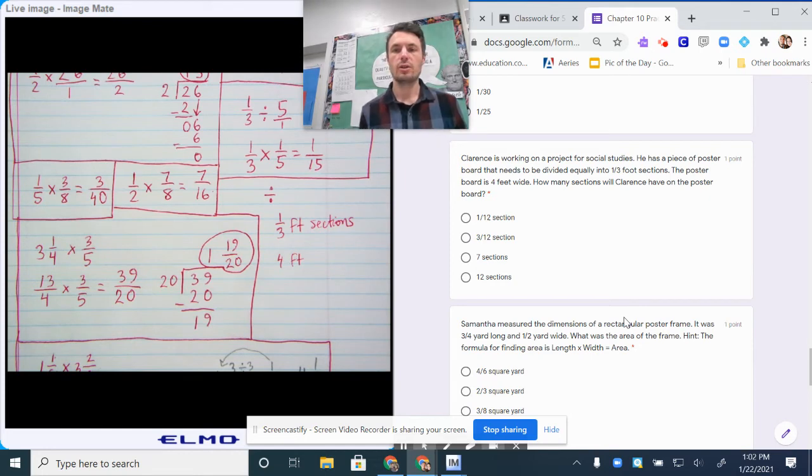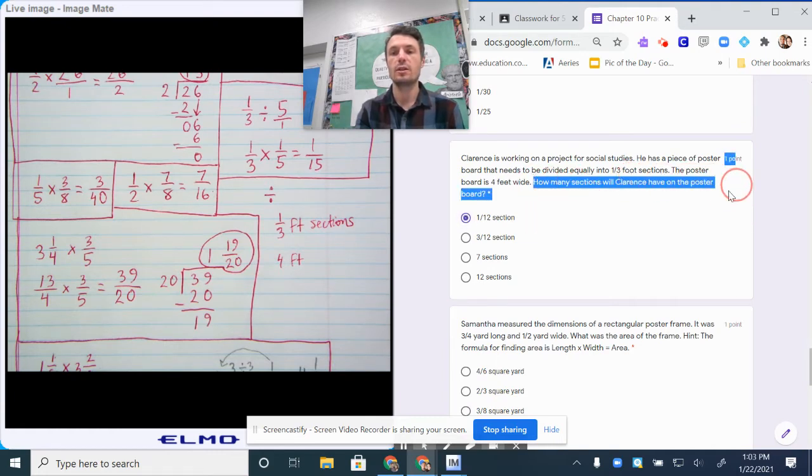How many sections will Clarence have on the poster board? Now, if I was going to underline, I would underline 1/3 foot sections. I would underline 4 feet wide, and I would underline the question, how many sections will Clarence have on the poster board? I would also underline the word divided because it tells me what operation to do.